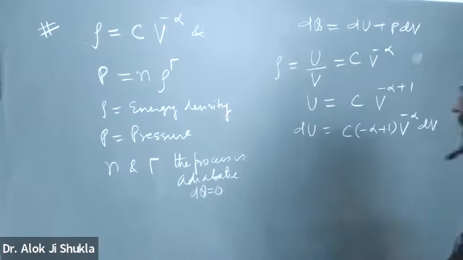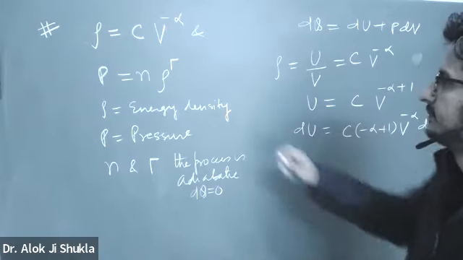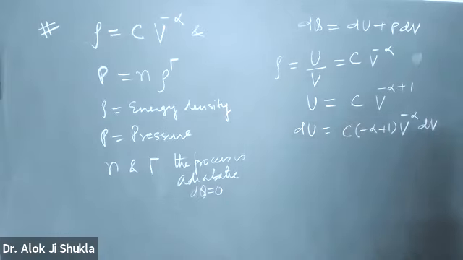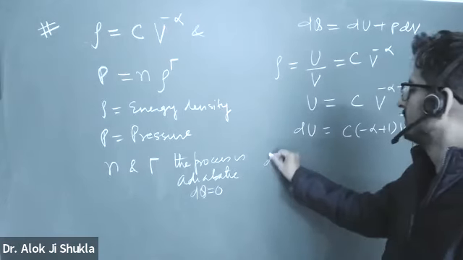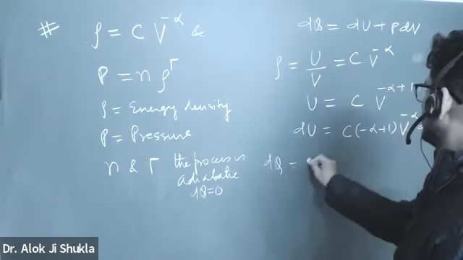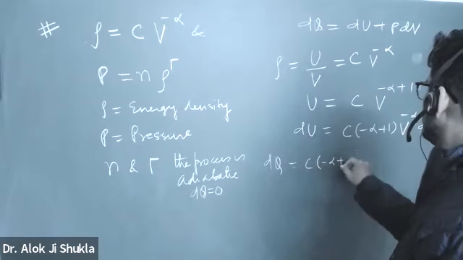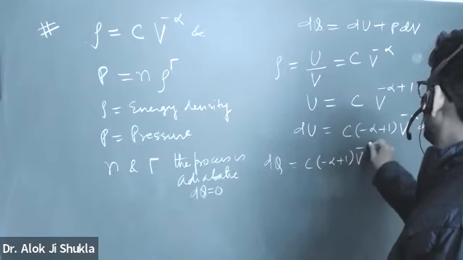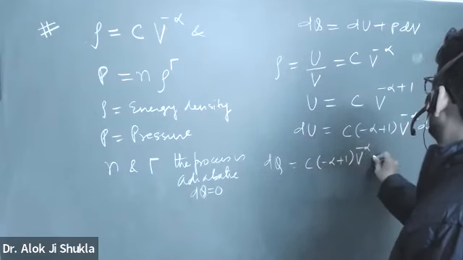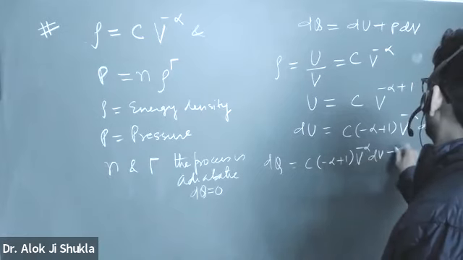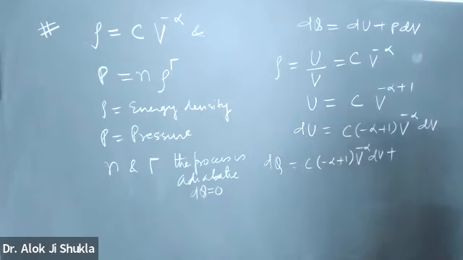And if I talk about P, it will become dq is equal to C (1 minus alpha) V to the power minus alpha dV plus P. What is P?